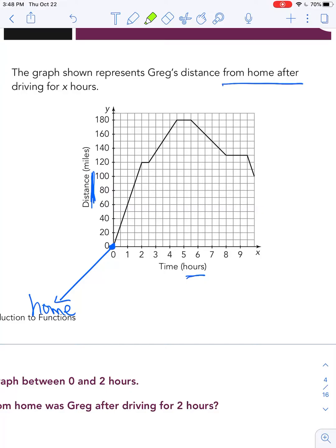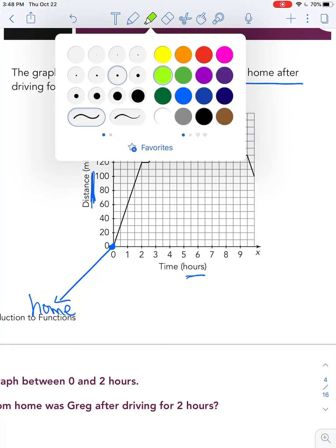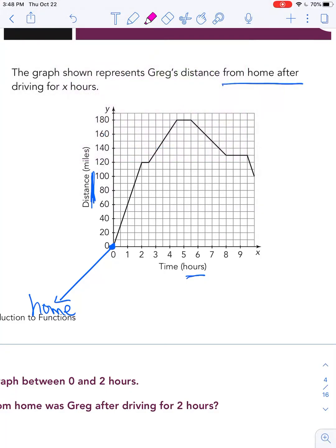So I'm going to change the color a little bit. So this part right here. He went away from home for 2 hours. For 2 hours, he drove away from home 120 miles. Okay?